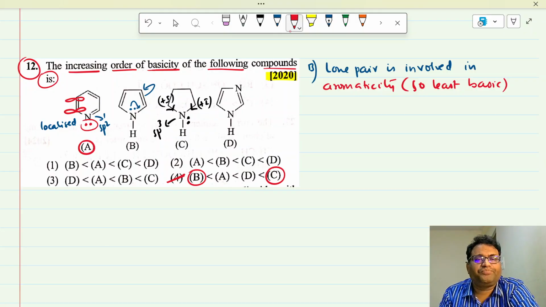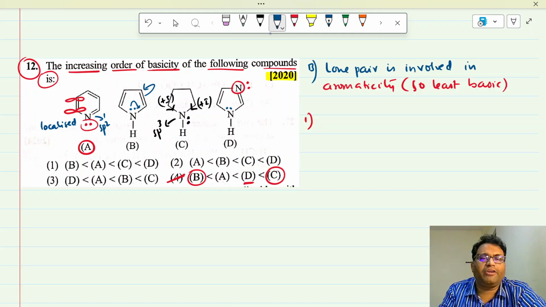And among A and D, if you see D, you are finding 2 nitrogens. And this nitrogen is not involved in resonance, whereas the blue colored pair of electrons on nitrogen are involved in resonance. But as there are 2 nitrogens and 2 lone pairs of electrons, D will be more basic than A. Here also this nitrogen is undergoing sp2 type of hybridization, but there is another lone pair.